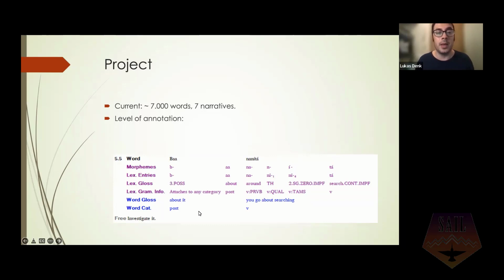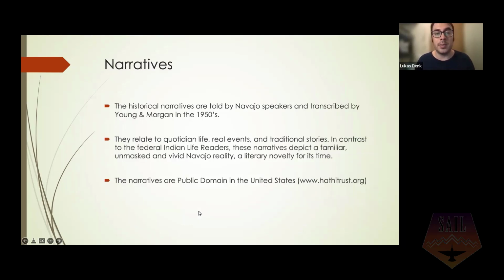annotation. So the narratives that I'm using are all from the 50s. They're public domain in the United States, and they have been recorded first by native speakers and then written down and transcribed by Young and Morgan in the 50s, two famous Navajo scholars. They relate to quotidian life, real events, many topics.